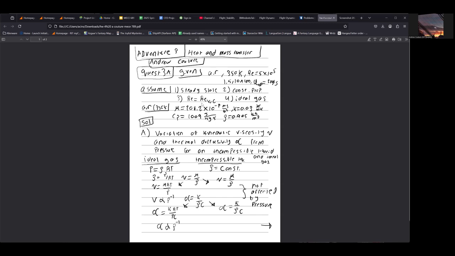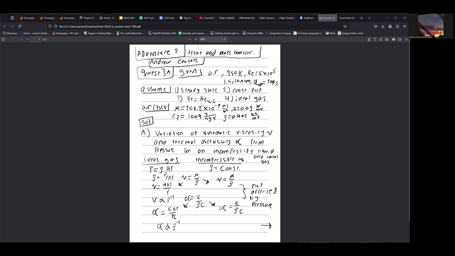And the Reynolds number is equal to 5 times 10 to the 5, specifically for the case of a plate. And just saving myself some time, I put the properties of air at 350 K right here. So you can see the viscosity, conductivity, Cp, and density rho.